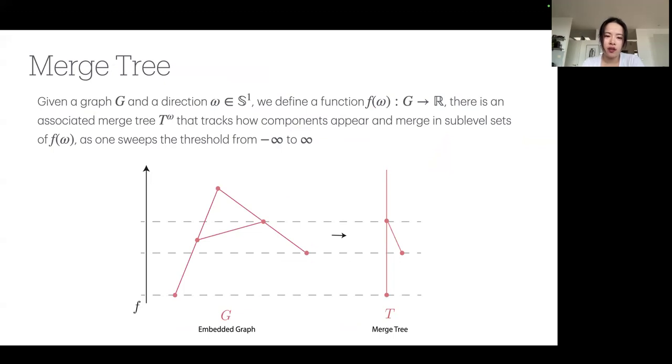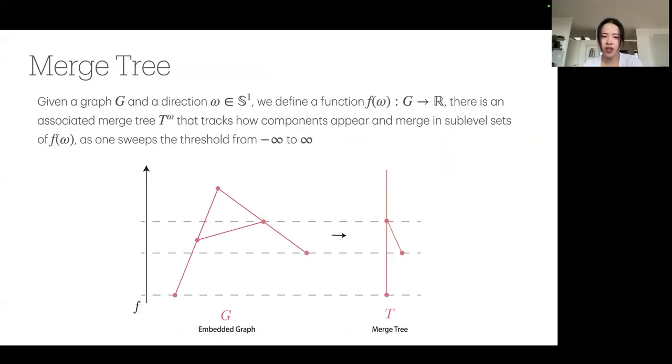Now, given a graph G on the left here, we have to fix the direction. So in this example, I fix the direction that points towards the North Pole. We can define a height function. By that, I mean all the vertices would have an assigned height value based on that height function.